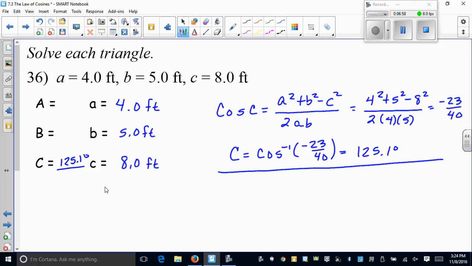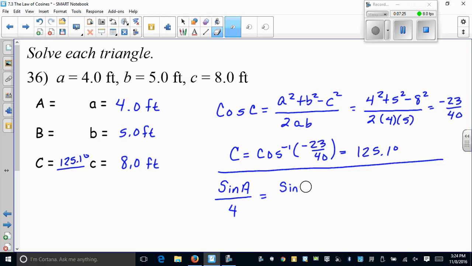So using law of sines, I'm going to go for angle A. So sine of A over little a, which is 4, equals sine of C, but we know what C is. C is 125.1 over little c, which is 8.